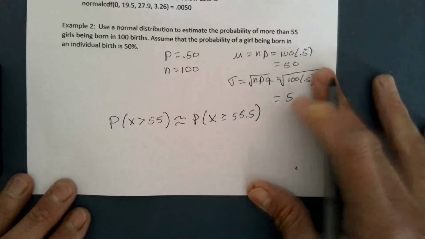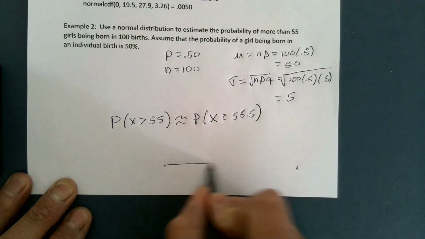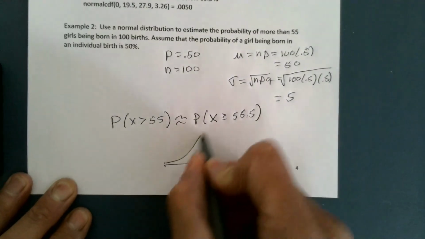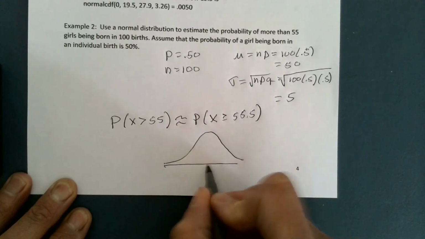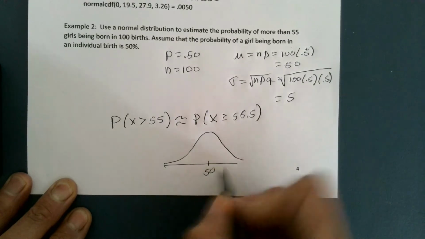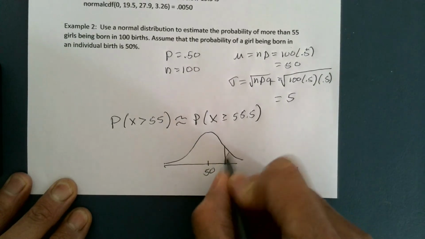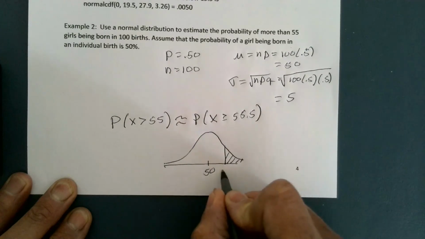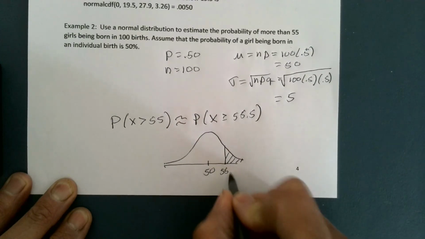And then we will have a normal curve with a mean of 50. And we'll want to find the area to the right of 55.5.